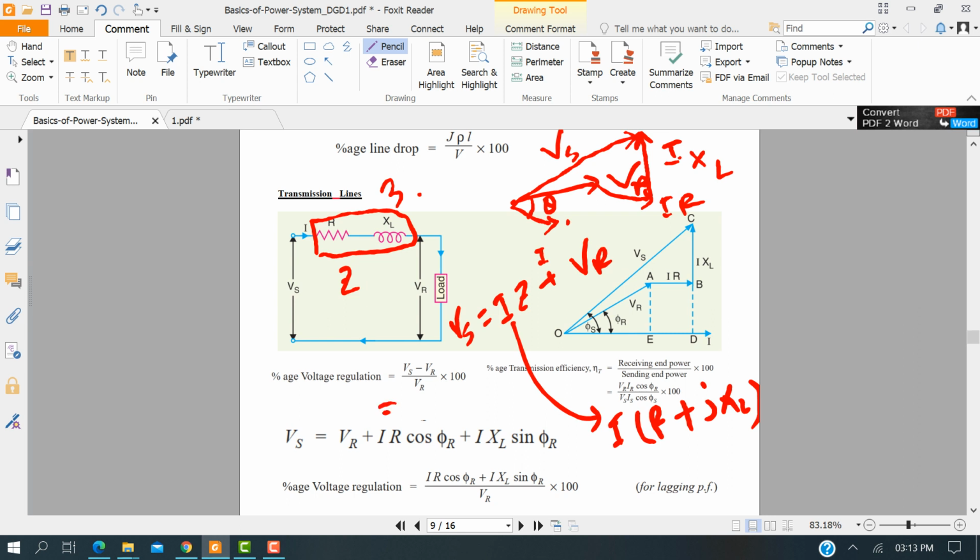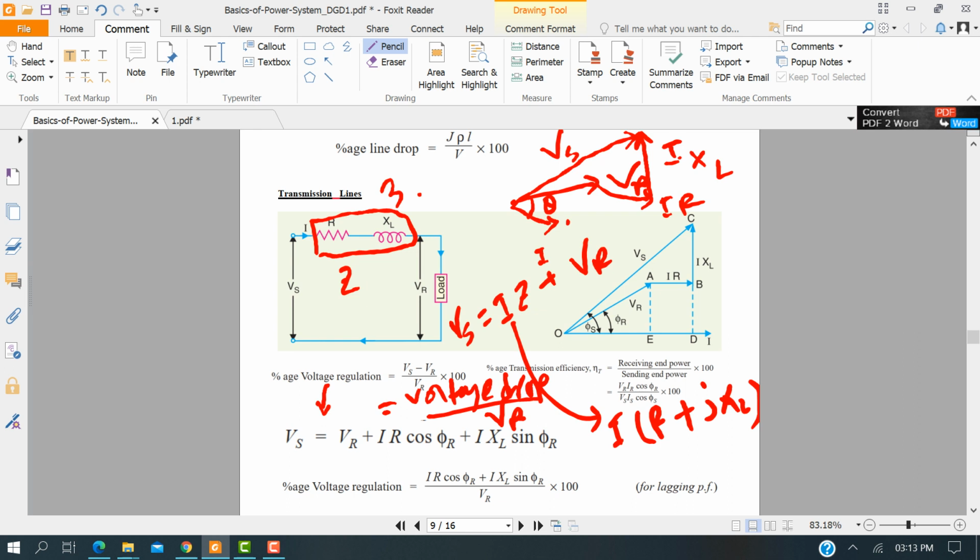It can be expressed as the voltage drop divided by Vr. Our expectation is that the voltage regulation should be low, because we want a low drop over here, because we want to send all the voltage to the load end.